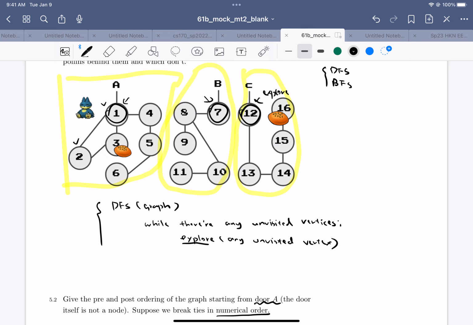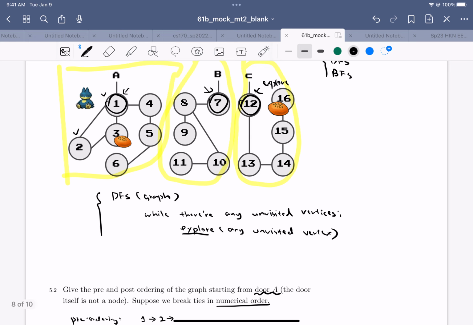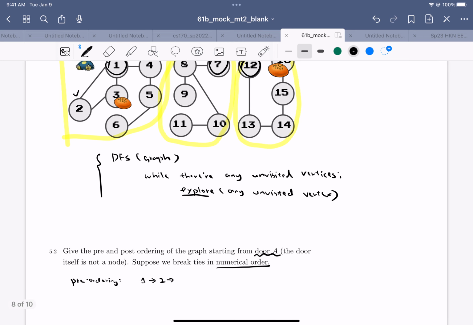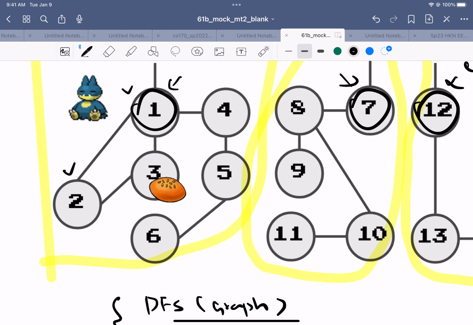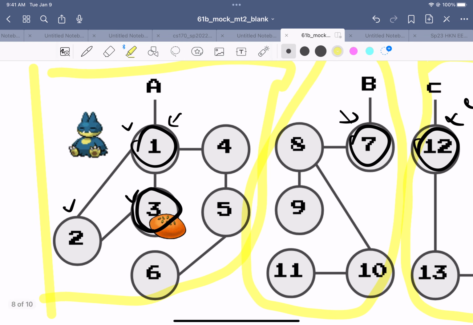So after we visit vertex 2, we're going to visit vertex 3. Here's a really interesting part. Vertex 3 has two edges. I'm going to highlight the edges.